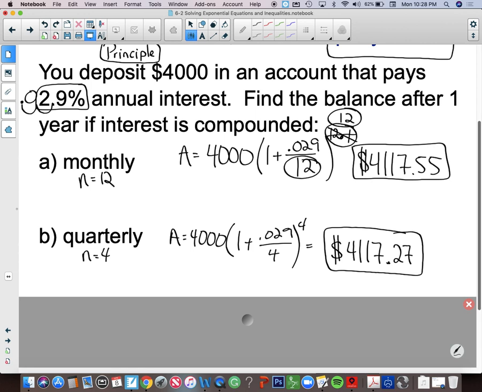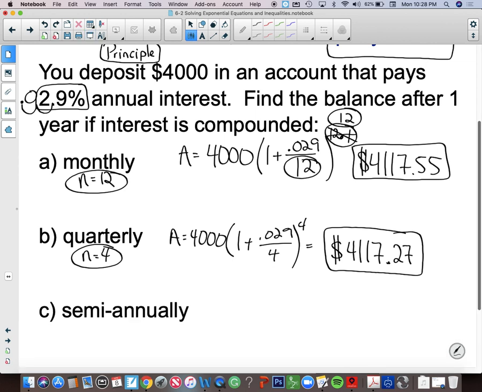The fact that we fluctuated about 28 cents is the difference between compounding it 12 times in a year and compounding it 4 times in a year. So we did 8 more times for the monthly one, and the more you compound, the more money you're going to get, or owe, depending on what you're doing here.